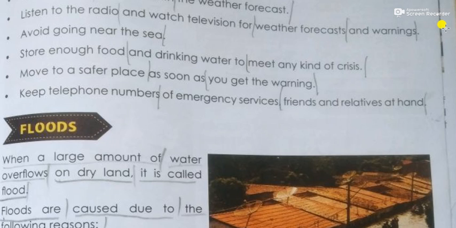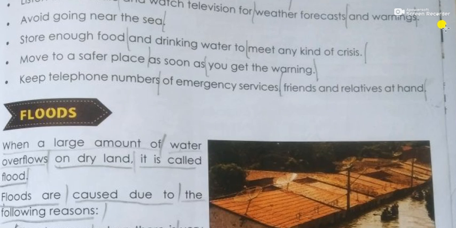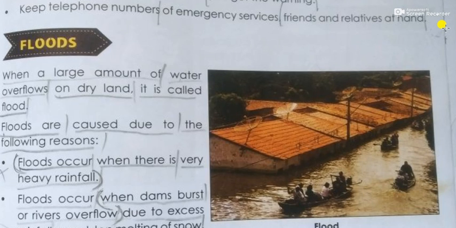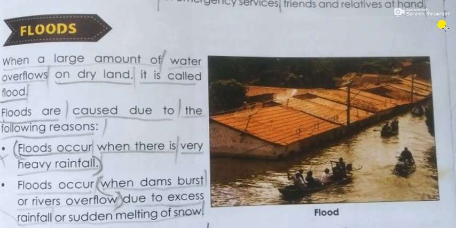As soon as we feel there is a heavy cyclone or heavy rainfall, we have to move to a safer or higher area until the warning passes. We should keep telephone numbers of emergency services, relatives and friends, so that we can contact them in any emergency. That is very important.